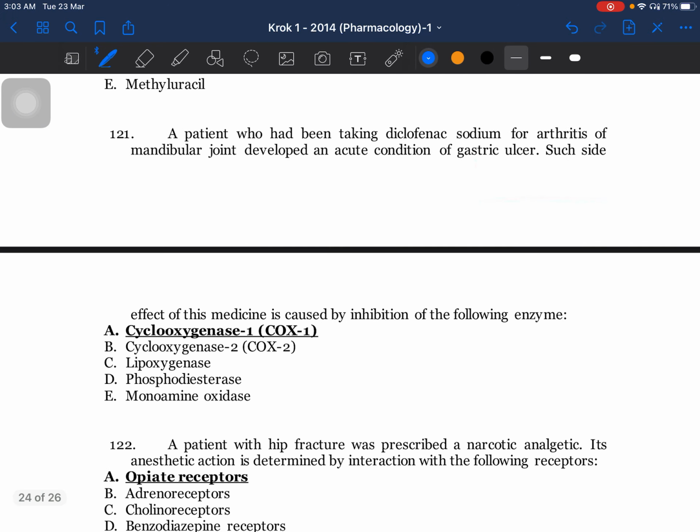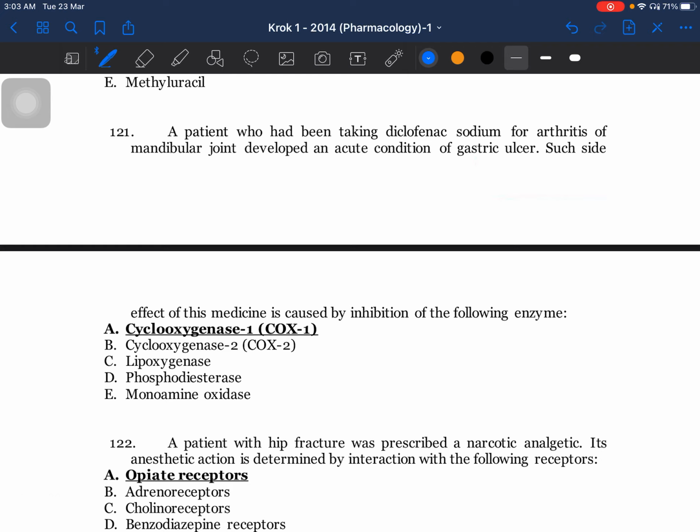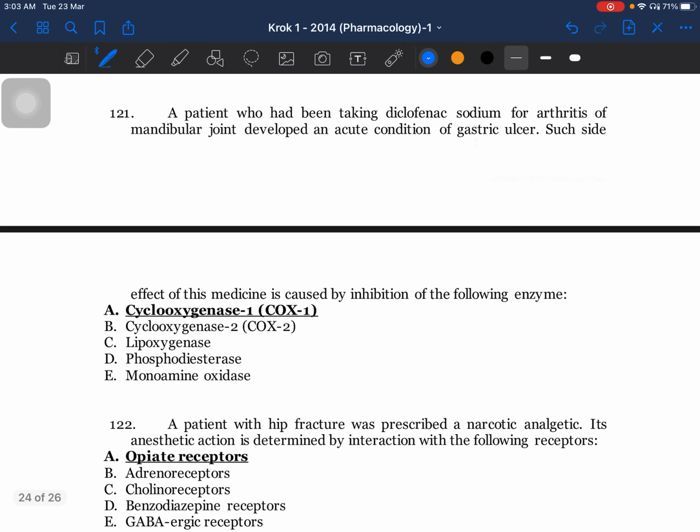Question number 121 also we have discussed earlier, because if we inhibit COX-1, the COX-1 basically helps in prevention of stomach mucosa from HCl, and when COX-1 will not be there, then it will increase the condition of gastric ulcer.